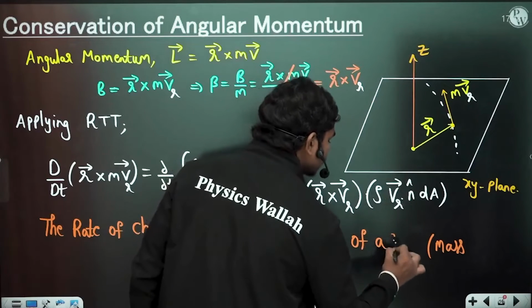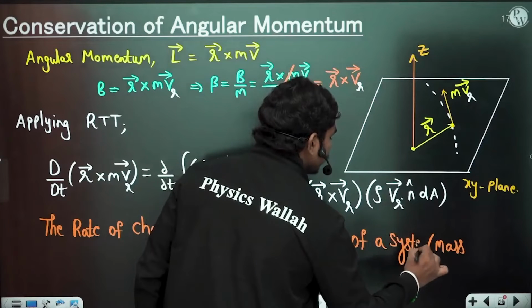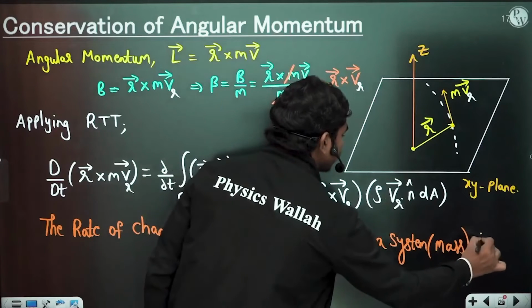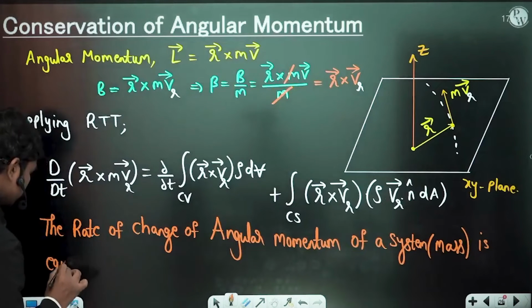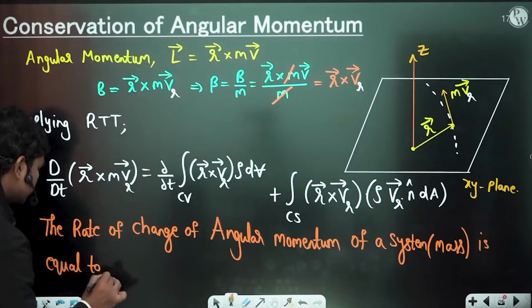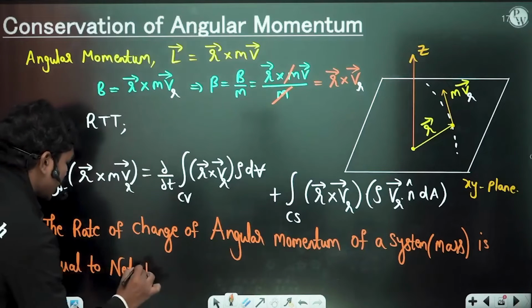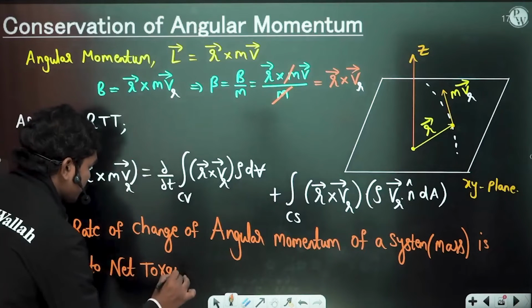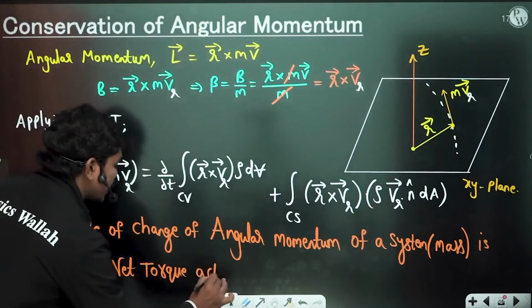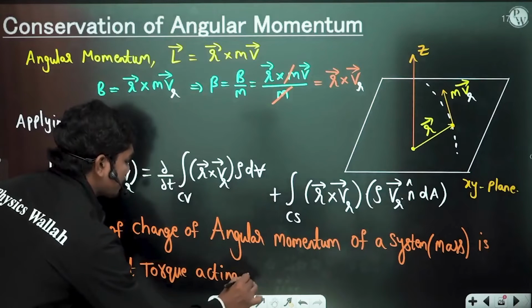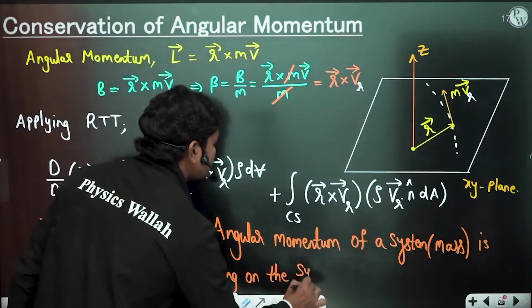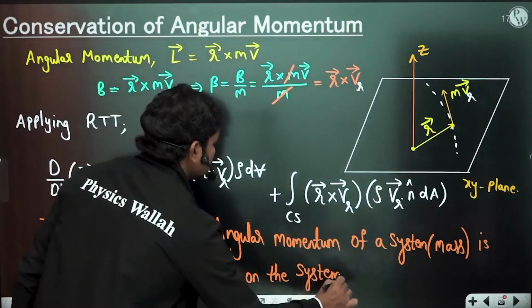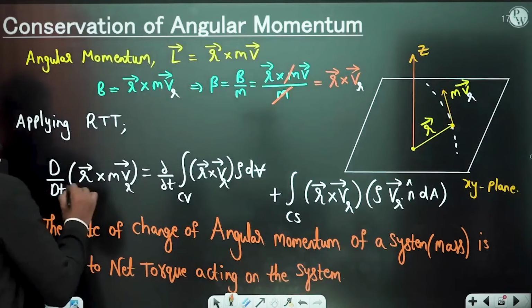The rate of change of angular momentum of a system, some finite mass, is equal to the net torque acting on the body, or acting on the system. So this is basically equal to the net torque.